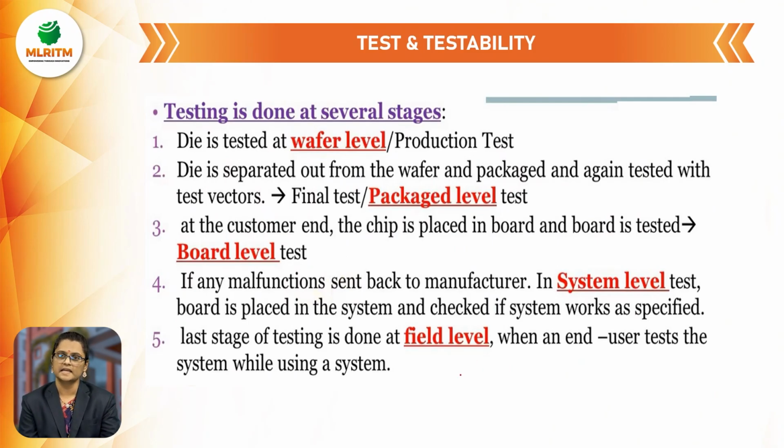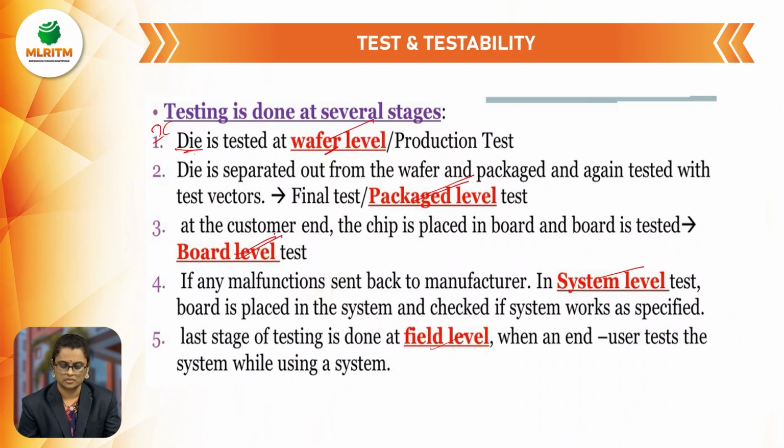Testing is done at several stages: wafer level, package level, board level, system level, and field level. Wafer level is where the die is tested at wafer level. Here die means IC, integrated circuit. Then package level: after separating the IC from the wafer, we go for package level testing.